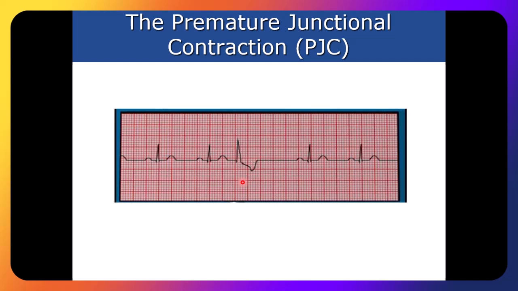It is possible that we could have a PJC with a P wave occurring afterwards. I would just about argue with you that that is exactly what you're seeing in this situation right in here. Somebody tell me why I could make a valid argument. I can still be wrong, but I can make an argument for it. Tell me why I think I can make that argument.